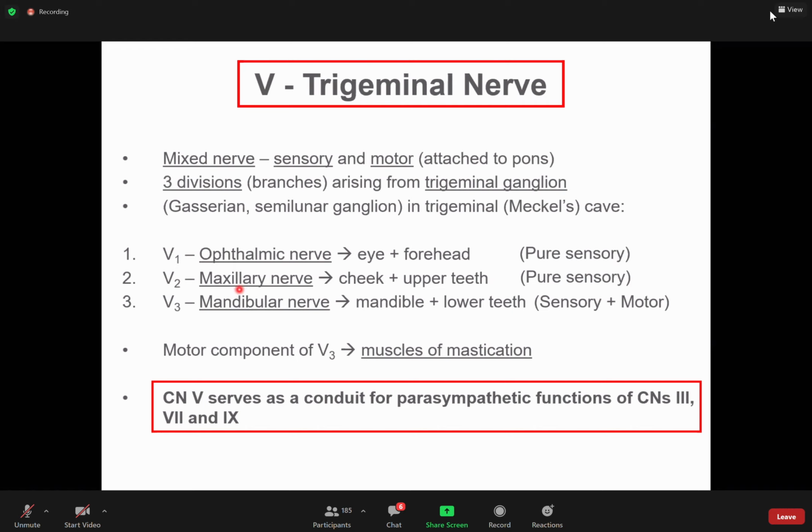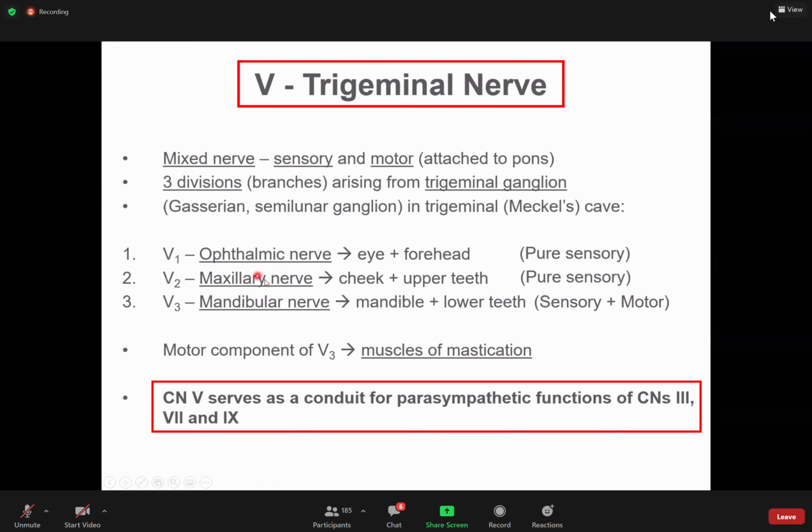And this ganglion gives rise to three nerves. One is the ophthalmic, which is sometimes called V1. If you read V1, this means the ophthalmic division of the trigeminal, which supplies the eye and the forehead. So the sensory supply of the eye and the forehead is by V1, the ophthalmic.